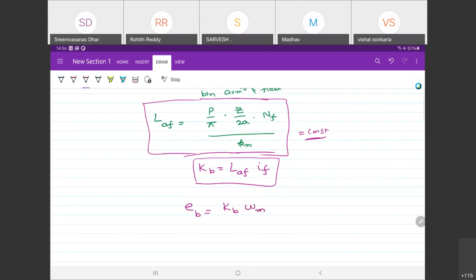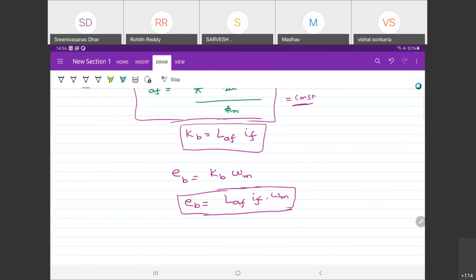So therefore E_B equal to LAF IF into omega m. Is that clear? So this is the back EMF of this DC motor.